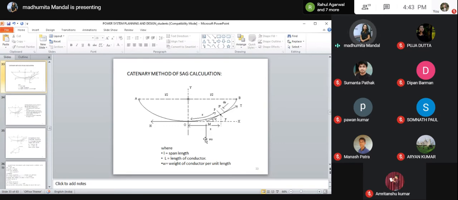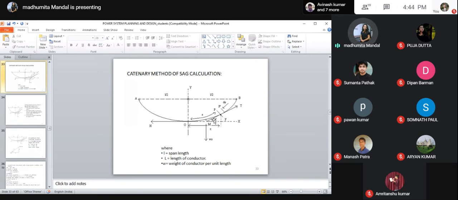The weight per unit length is w, so the total weight is Ws, which will act here at the middle. Another force is T, at the tangent at point P. For equilibrium condition, these three forces will meet at point M.